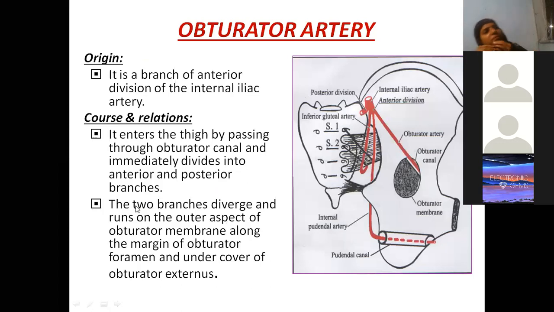Now, yesterday when we were talking about the femoral ring and femoral canal, we came across the obturator artery. Do you remember, beta? When we are treating femoral hernia, what did I tell? We are supposed to cut the lacunar ligament and push the contents of the hernia back into the abdomen. The lacunar ligament forms the medial boundary of the femoral ring.